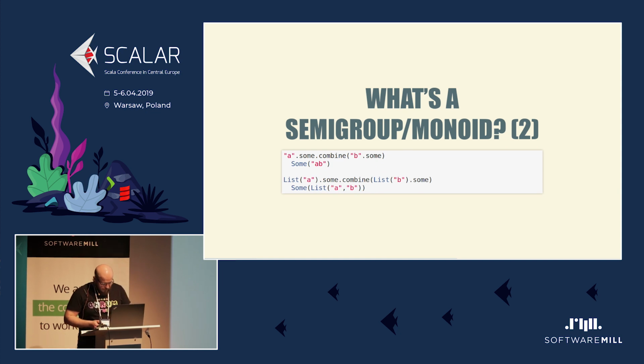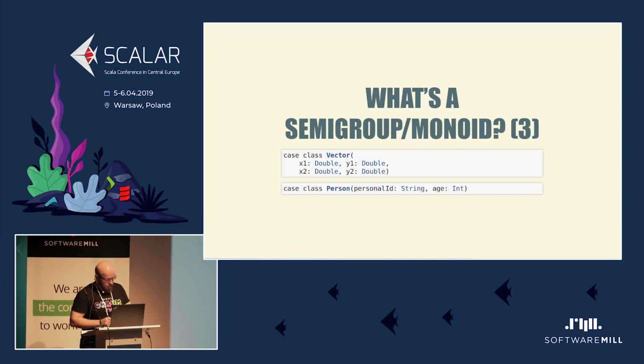One final thing to say about semigroups and monoids is that your data types can also be semigroups and monoids. So, for example, let's say you have a vector here, like a two-dimensional vector, and let's say you have a person. It's probably obvious to you that the vector is a semigroup and a monoid, because you can add two vectors and you can have a neutral element. What about the person?